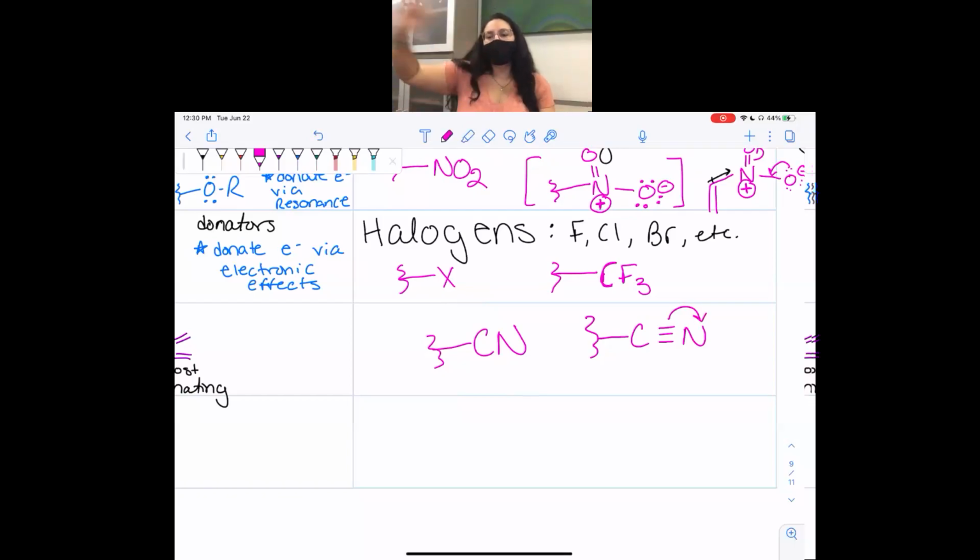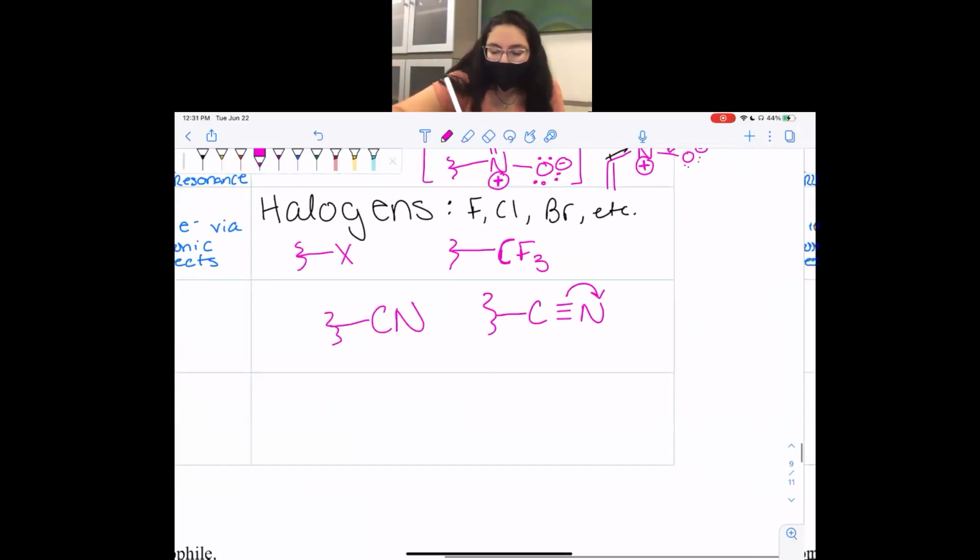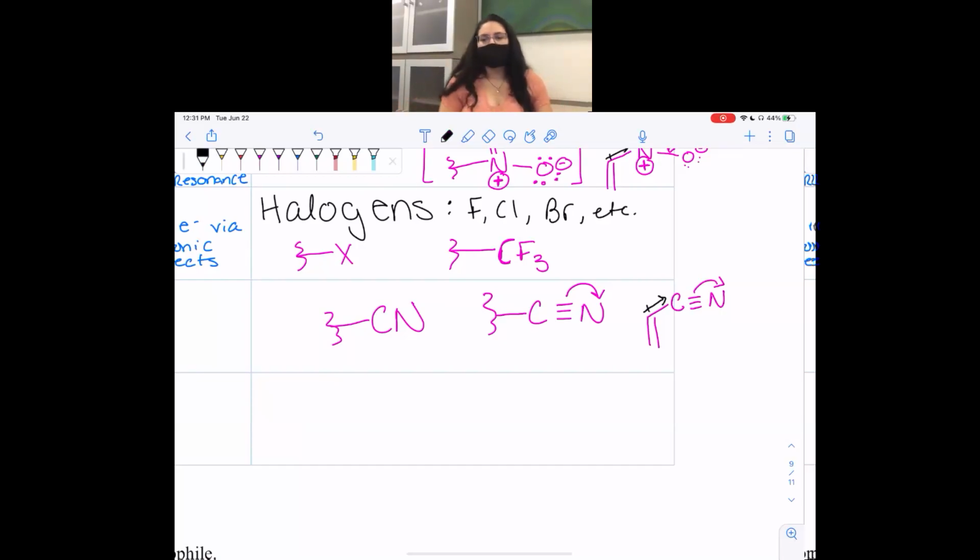So the electrons are going to go towards the nitrogen, away from your dienophile. So we end up pulling electron density from here. Any questions on that one?